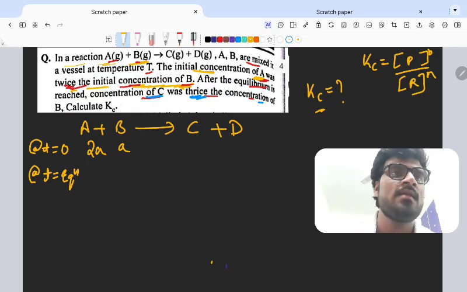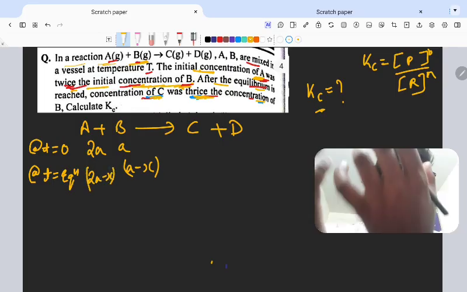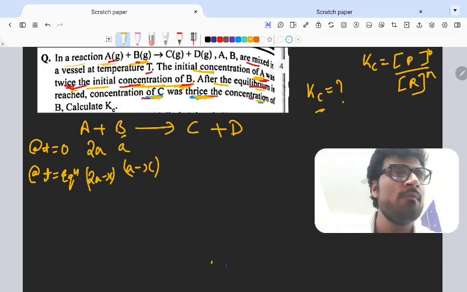After the equilibrium is reached, the concentration of C was thrice the concentration of B. When equilibrium is achieved, B will be reduced by some x moles. Similarly, A will also be reduced by x moles as the reaction proceeds. Whatever moles have been reduced from the reactant side will be formed on the product side, obviously. So C will be formed x and D will be formed x.